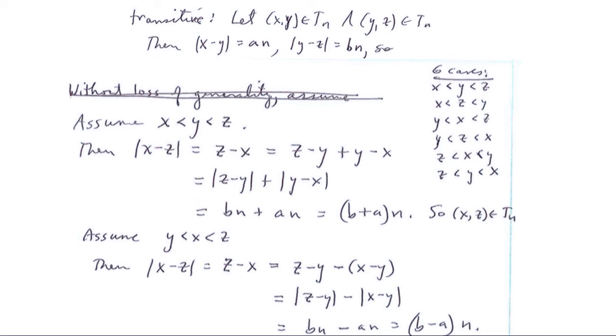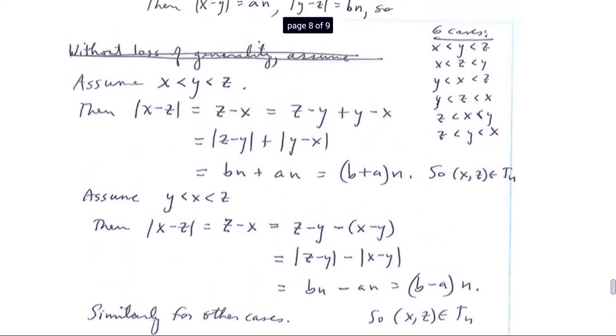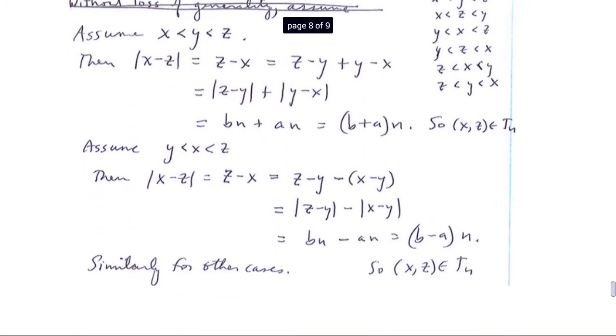I guess I did one more case here where x is in between y and z, and you can follow the math through here. The absolute value of x minus z is z minus x. Here I did the same trick: I inserted a y in between. I got a minus y here and a plus y here once I distribute that minus sign.